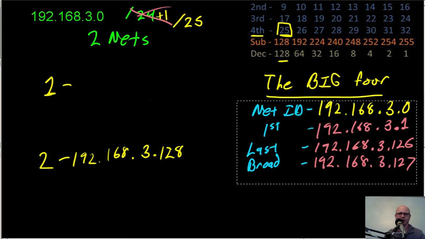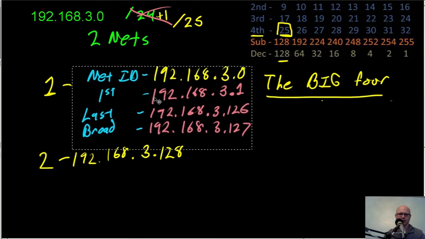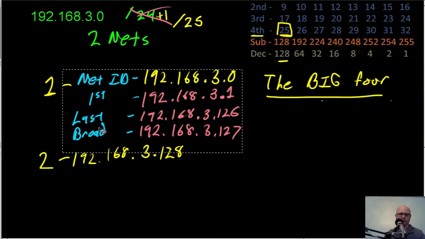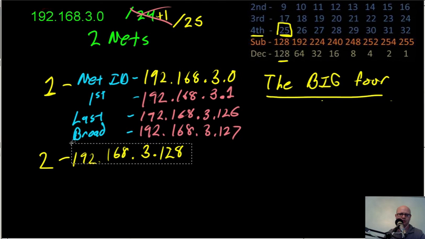We can go ahead and place that right here. And now we're going to work with network number 2. Wish I could draw a straight line, right? Let's see if I can select this.